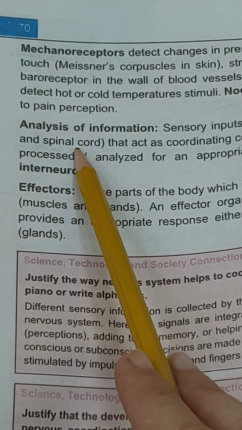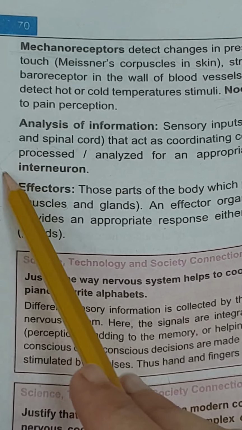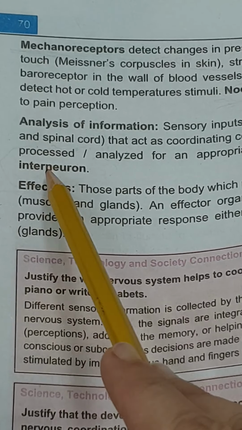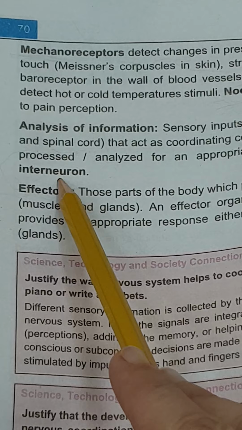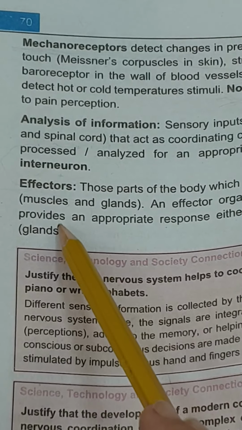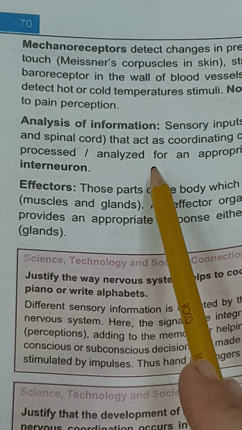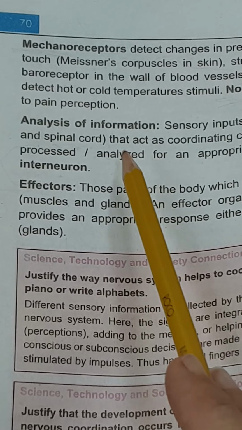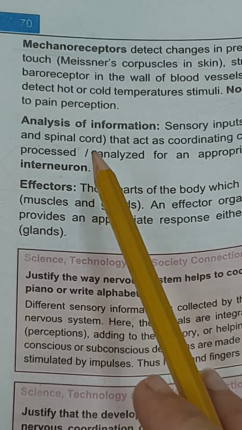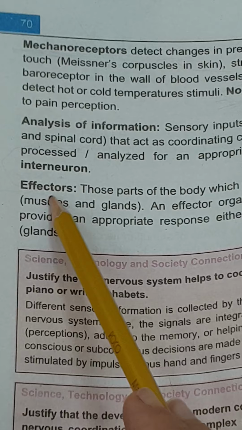For the processing and analyzing of that information, special neurons work. Those neurons are present in the brain and spinal cord and are known as interneurons. After analyzing and processing the information and receiving a specific order from the brain or spinal cord, they give that information to the effectors.